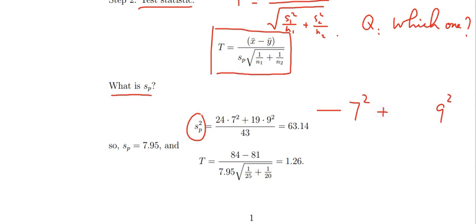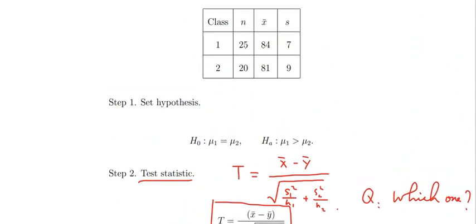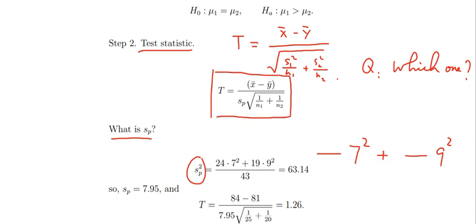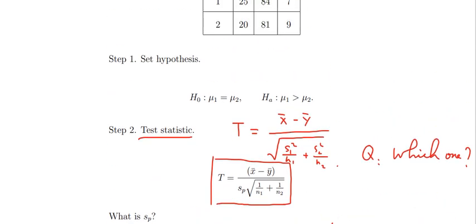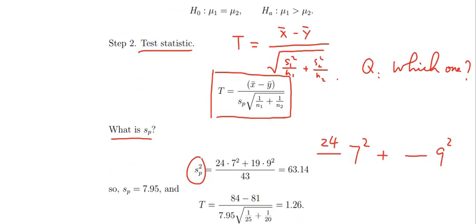The degree of freedom is n minus 1. Here n is 25, so n minus 1 is 24. So weight 24 for this one, and for this one, n is 20, so 19 degrees of freedom. We weight on the degrees of freedom, 19. Then the total is 43.